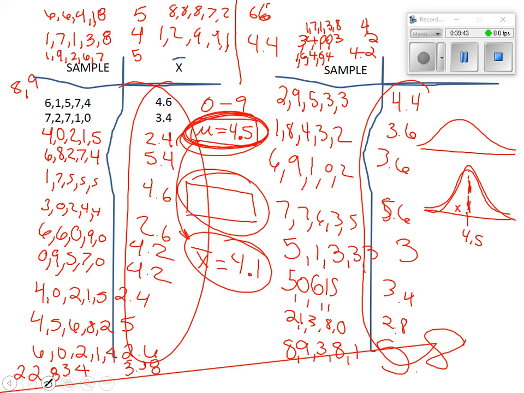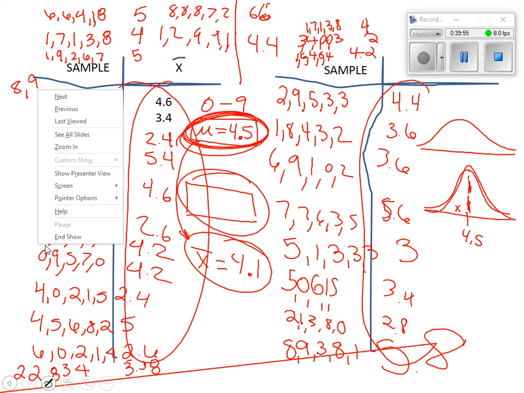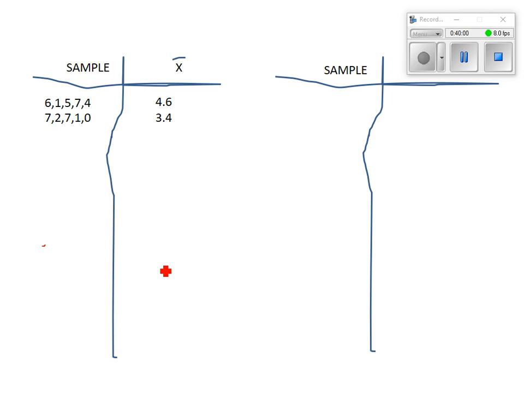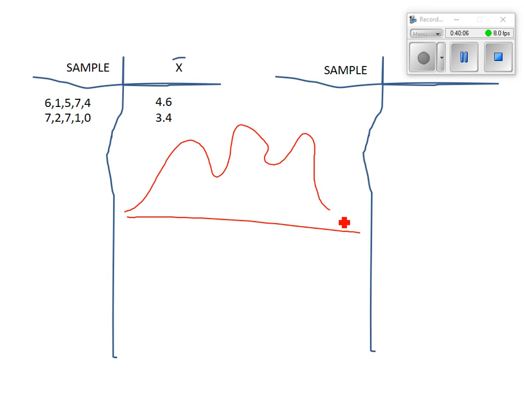And what that does is allow us to say that everything is normal. It's always going to be normal if we do it this way. Even if the original sample, let's erase all this, the original sample, let's say we graph the original sample, and the graph of the original sample looked like that.